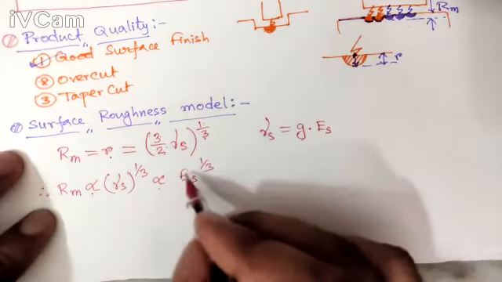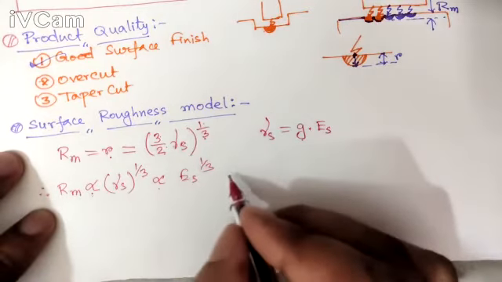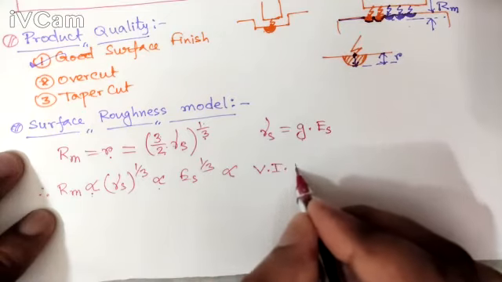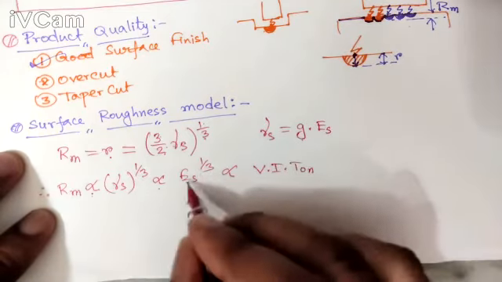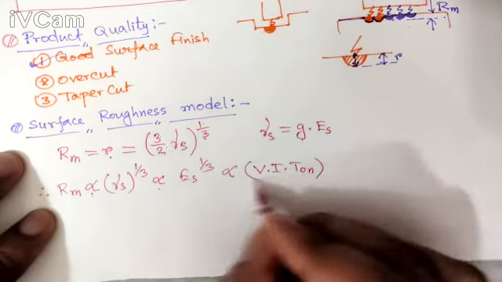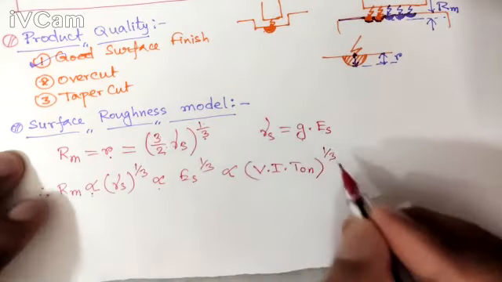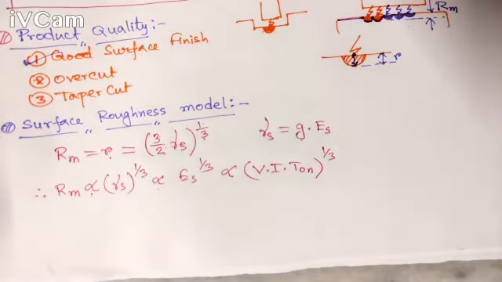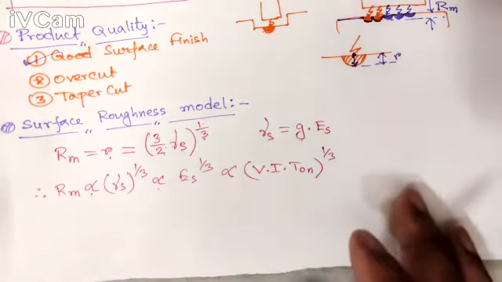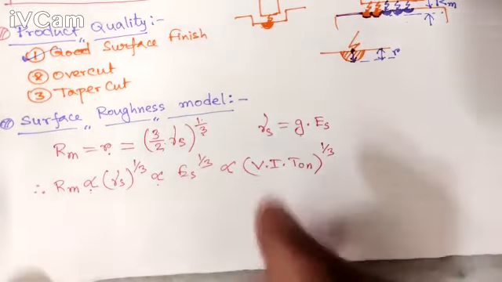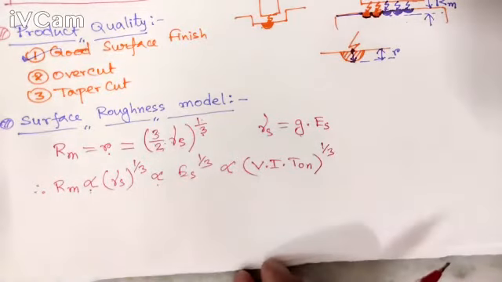And we have already studied what Es is. That is equal to V into I into T on. So this one to the power 1/3 is nothing but this one to the power 1/3. I hope nobody has any confusion in that. Yes or no? So you understood what I said?